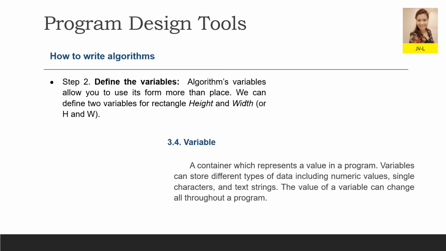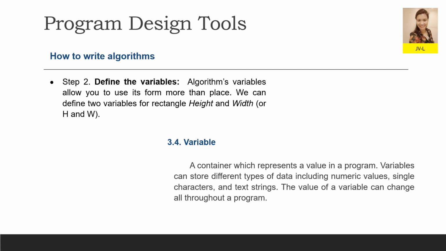In chapter 1, variable is defined. As mentioned in the definition, a variable is a container which represents a value in a program. Variables can store different types of data, including numeric values.